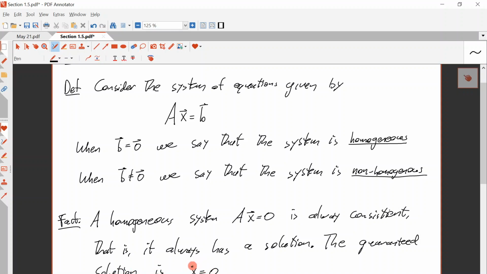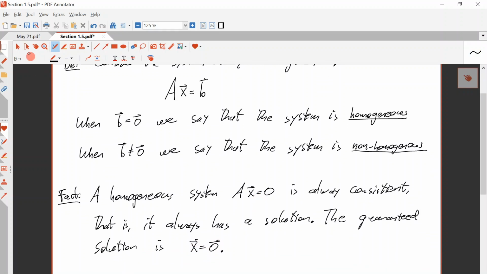Now remember, there were three situations you could have with a system of equations. A system of equations could have a unique solution, infinitely many solutions, or no solutions.